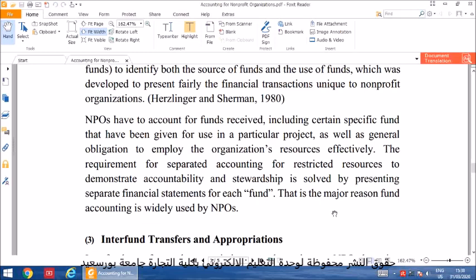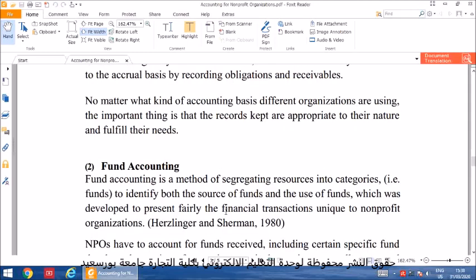That is the major reason why fund accounting is widely used by NPOs. So, firstly, we need to know the definition of fund accounting.